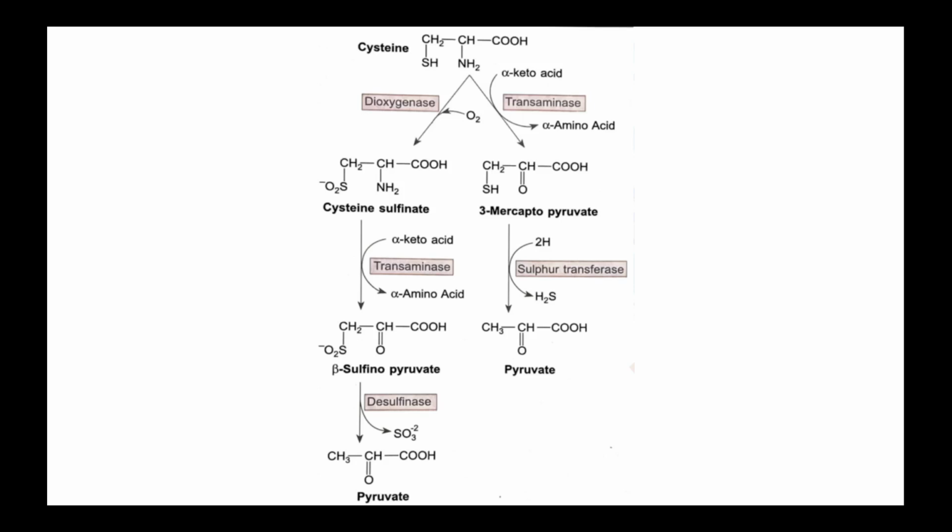Or the second pathway is that cysteine can be directly transaminated by a transaminase, and we will get 3-mercaptopyruvate, and later the sulfur group can be transferred in the form of H2S, and the product will be pyruvate. In both cases, this pyruvate can enter the glucogenic pathway. I hope this is clear.